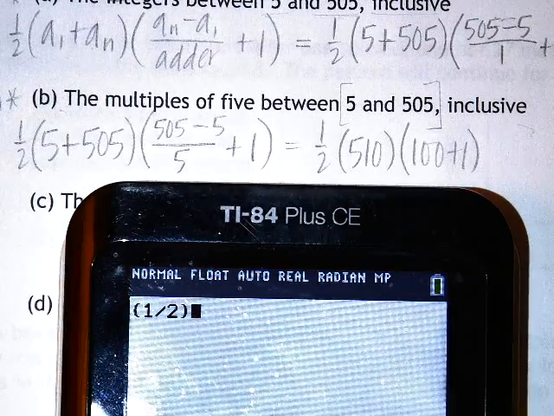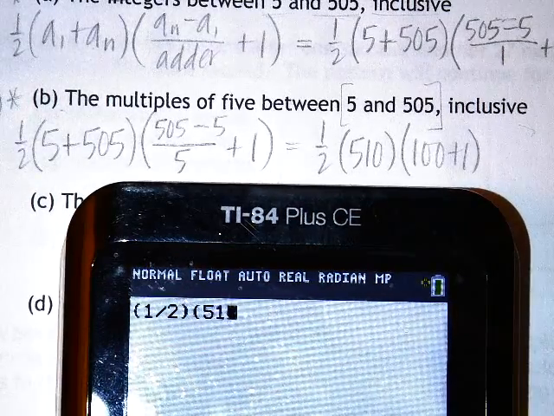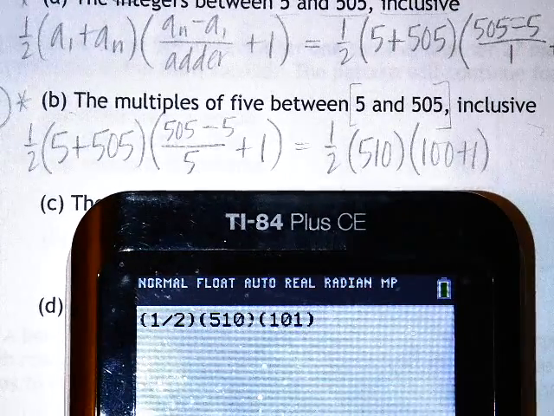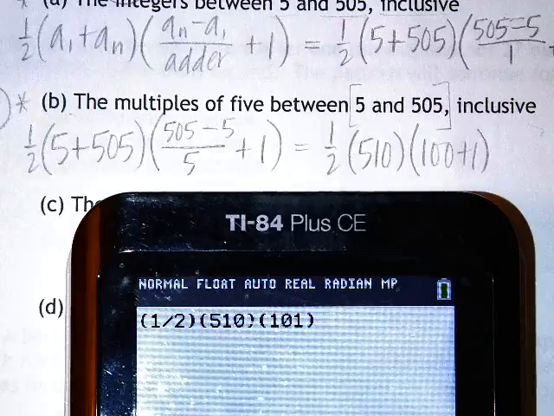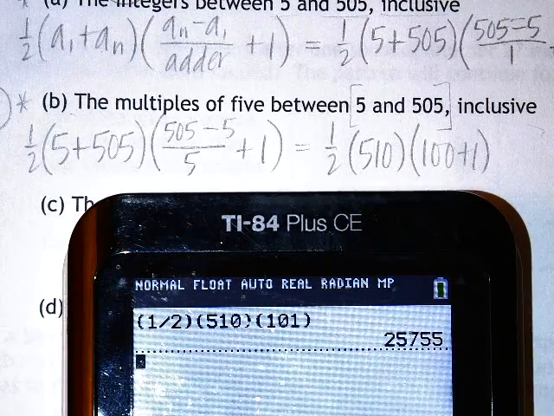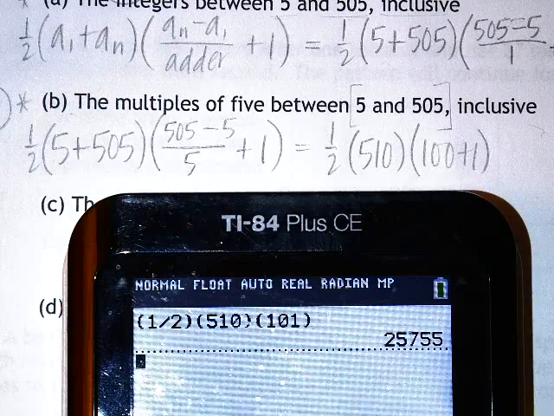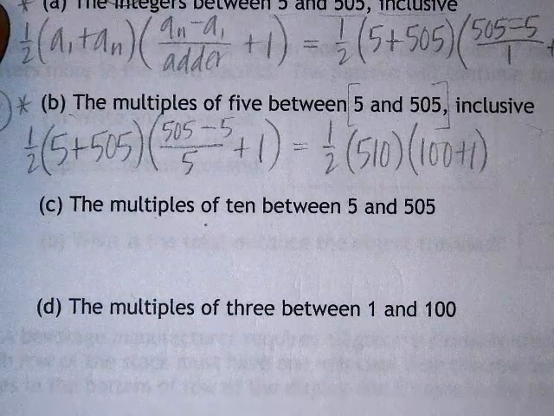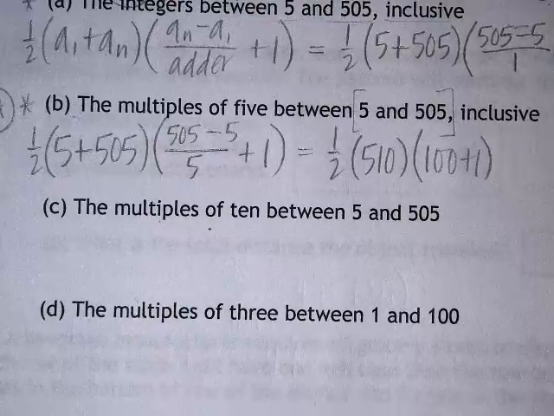I could type 1/2 times 510 times 101, and that way I don't have quite as many tedious parentheses and fractions to type in. Totally your choice, you decide, but it looks like the sum is going to be 25,755.